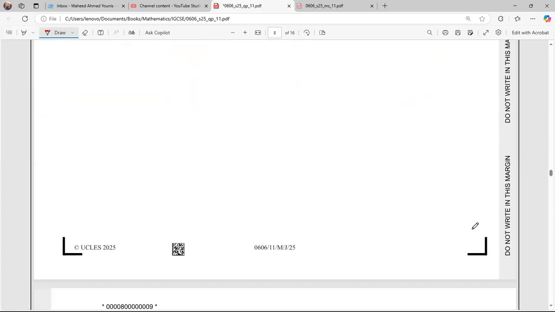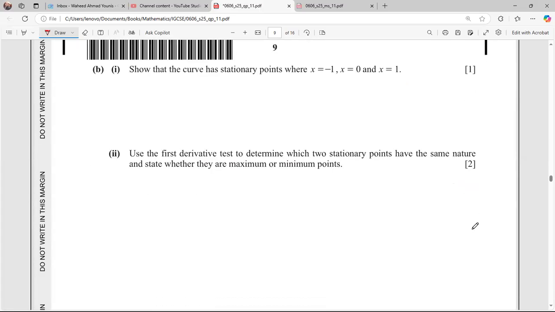Now, next problem, part B1, show that the curve has stationary points where x is this. Remember we found that dy by dx was 16x into (x square minus 1) power 3 over (x square plus 1) power 5.